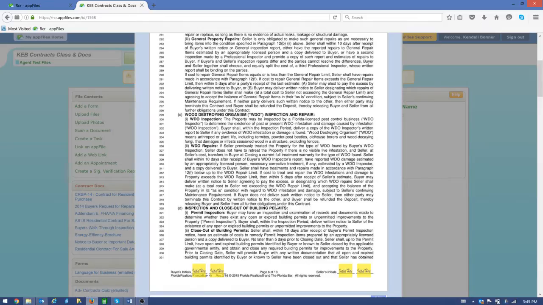Buyer shall, within the inspection period, deliver written notice to the seller if there's any permit issues. So if they're going to request permit issues be repaired, they have to do it again within the inspection period, not after, but within. So again, this is why it's so important that the buyer get this done on the front end.